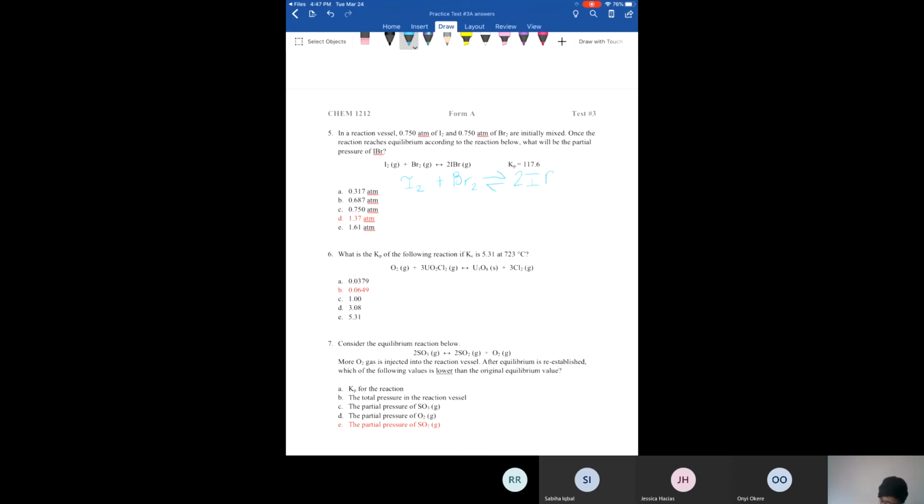So 0.75. And this is just going to be a quick one. In this case, your Ka is pretty big. Plus 2x.